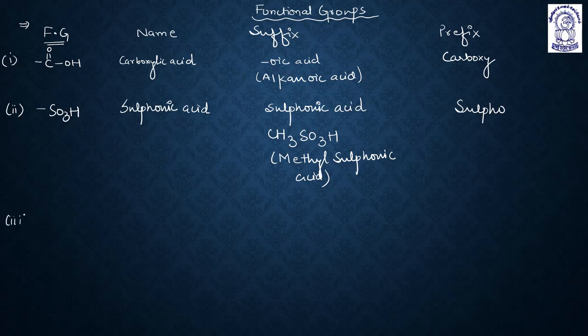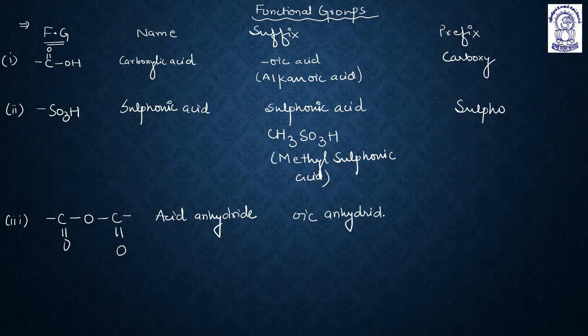Then the third is acid anhydride. This is actually a carboxylic acid derivative. The suffix used is oic anhydride, and there is no prefix to this.